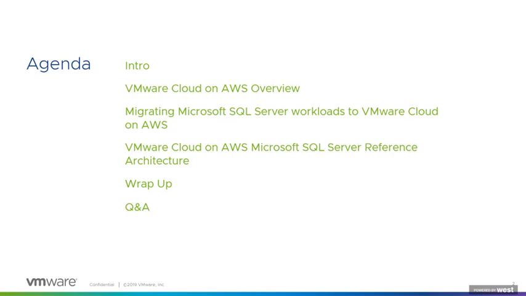Oleg's from VMware, Bill is from AWS, respectively. We'll be doing an overview of VMware Cloud on AWS, and we'll be talking about migrating Microsoft SQL workloads to VMware Cloud on AWS. And then Bill's going to take us through VMware Cloud on AWS reference architecture for Microsoft SQL Server, and then we'll wrap it up and take any Q&A.